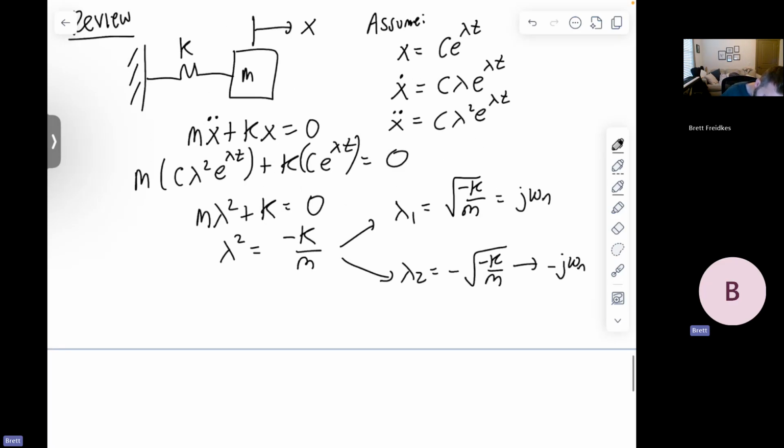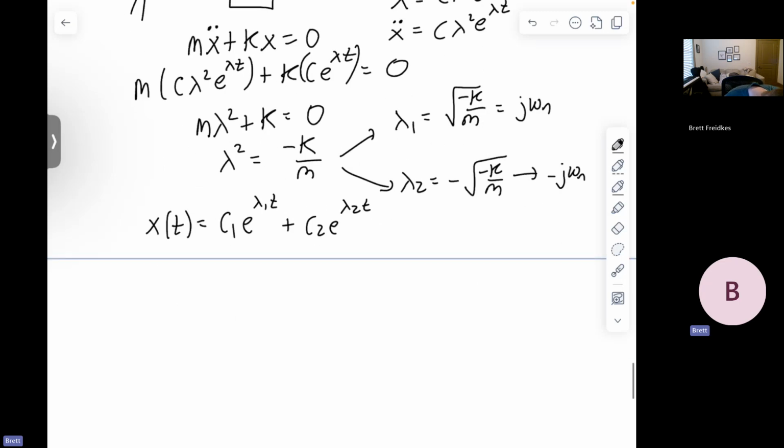So we had two solutions. Basically, we have some solution that is going to be c1 e to the lambda 1 t plus c2 e to the lambda 2 t. That is how we combine both of those solutions. And in this situation, we end up with c1 e to the j omega n t plus c2 e to the minus j omega n t.